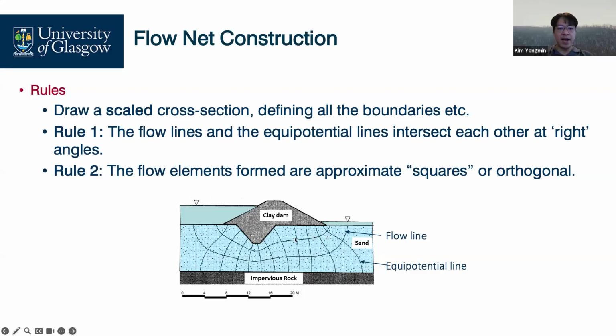Second, the flow elements, the mesh formed, are square orthogonals. The size of these elements is a right square, a perfect square. So the figure we have seen is the perfect example of a completed flow net construction.